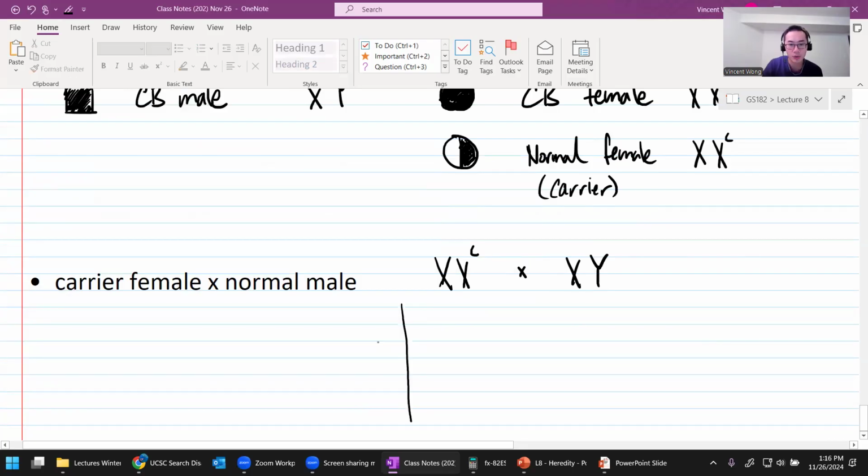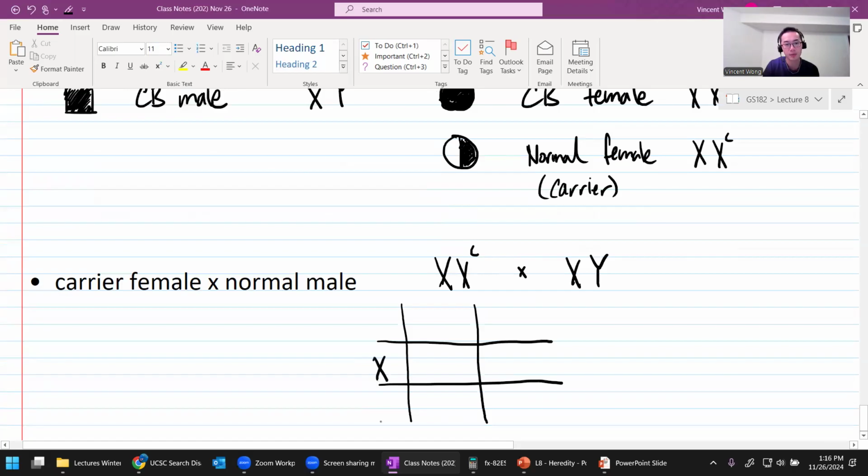We would just do the Punnett square the same way. X X^C, we're going to separate the chromosomes, and we will also separate the chromosomes here for the father. Half the sperm will get X, the other half will get Y. We will put these together.